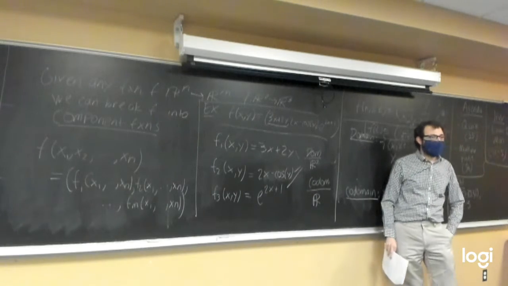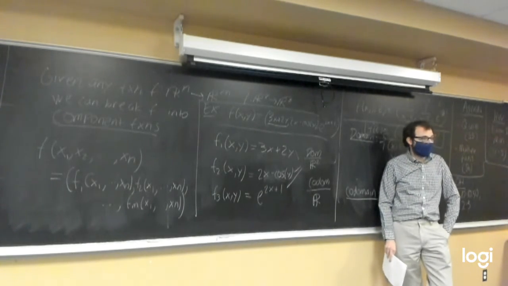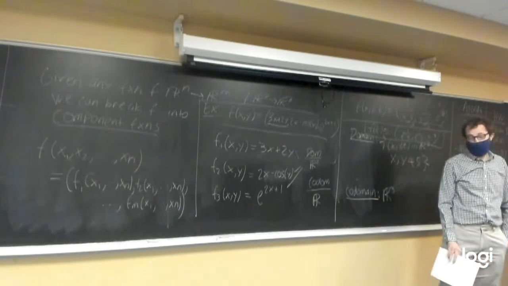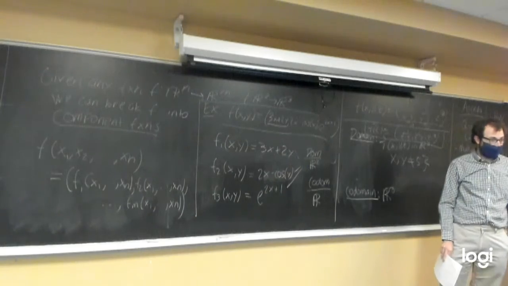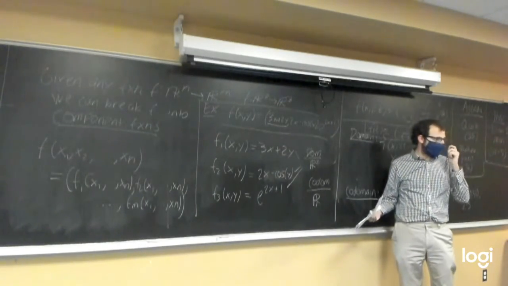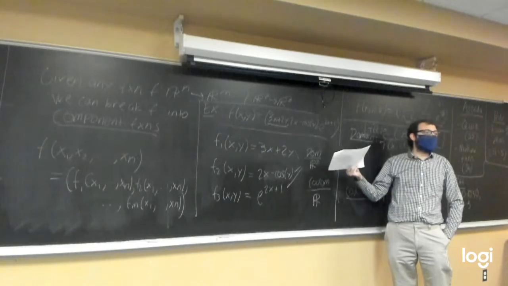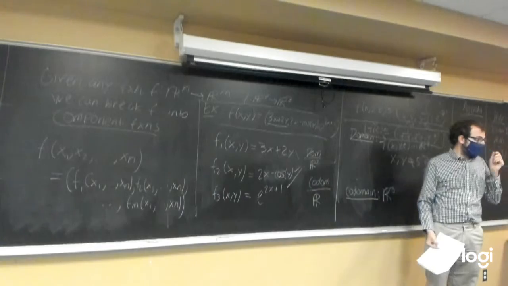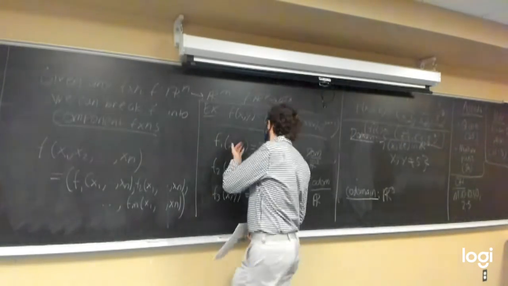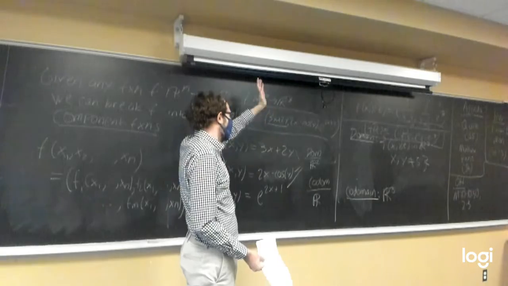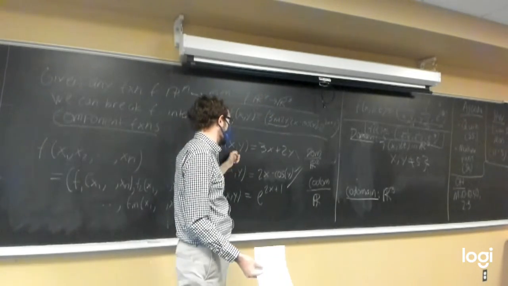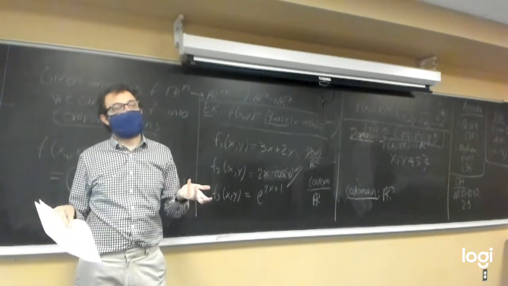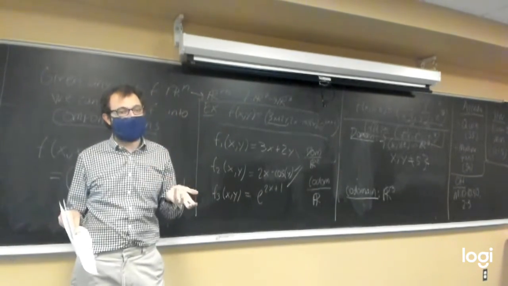3x plus 2y, well, if x and y are scalar values, 3x plus 2y is still going to be a scalar. 2x minus cosine of y, that's a scalar. E to the 2x plus 1, that's a scalar. Anytime you take a component function of any function at all, it's always going to have a codomain of R. And so we've taken our original function, which gave outputs in R3, and we split it up into three separate functions, all of which have outputs or codomain that's just R1, just scalar valued outputs.